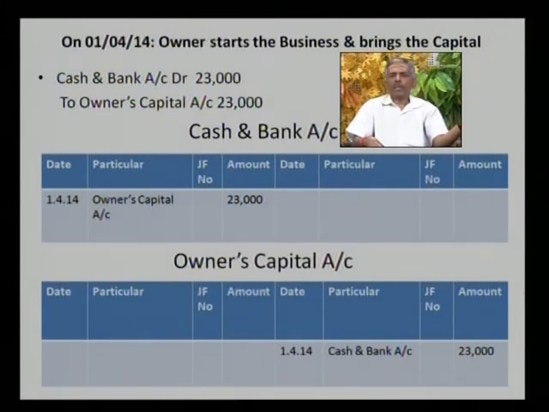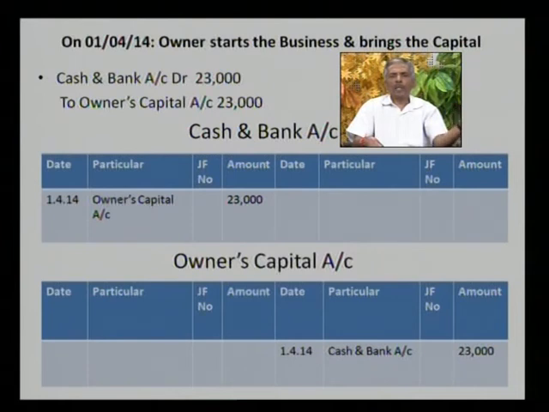First one, for the debit effect of the journal, the accountant has to open the cash and bank account in the ledger and has to post the effect of the journal on the debit side. Again, he or she has to mention the date, 1st April 2014, but in the particular column he or she has to mention the name of the counter account of the journal.